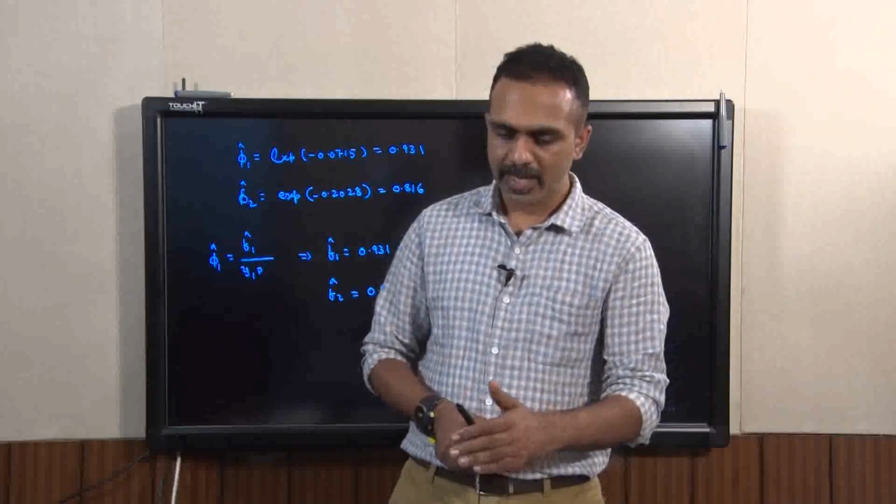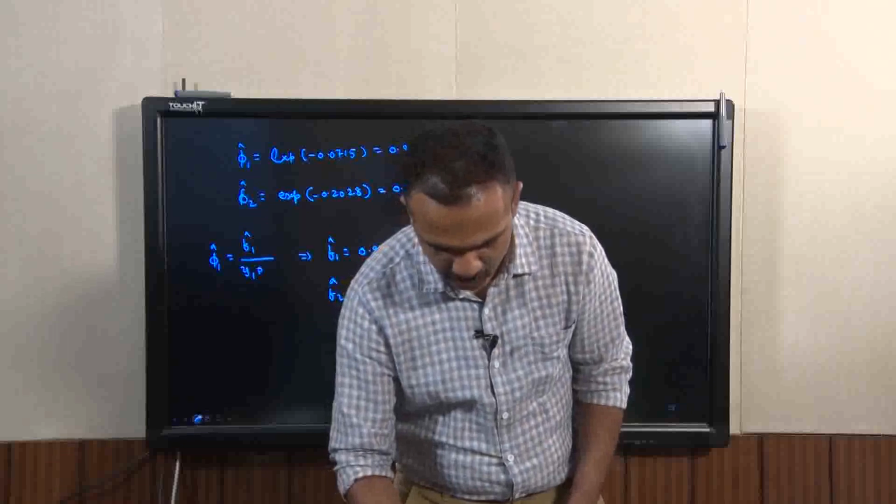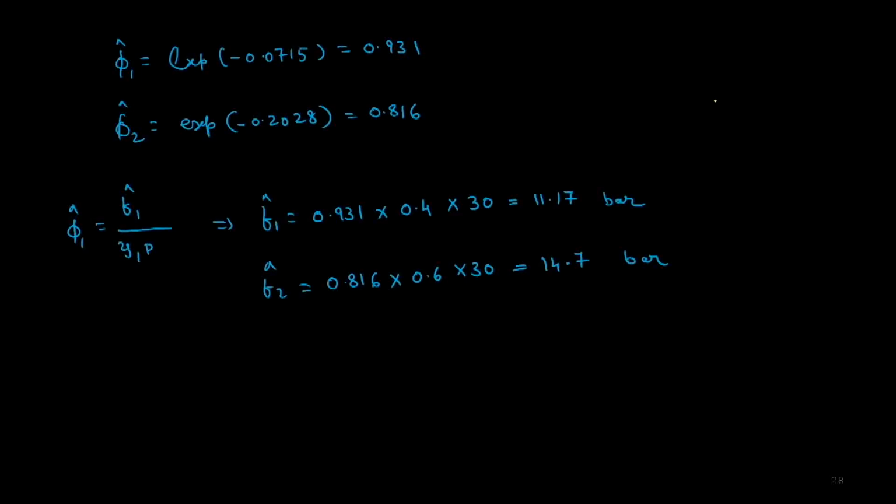Now notice that in this particular mixture, the partial pressure P1 is Y1P, that is about 12 bar, and P2 is Y2P, that is about 18 bar. So as opposed to the partial pressure 12 bar, the fugacity of species 1 is about 11.1 bar because of the non-ideality, and F2 hat as opposed to 18 bar is about 14.7 bar.